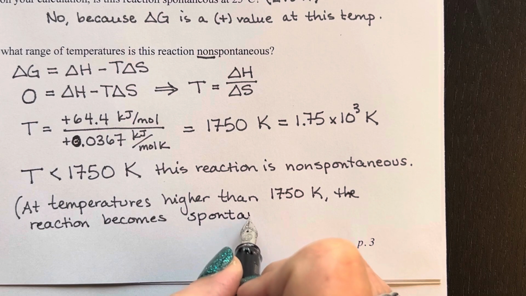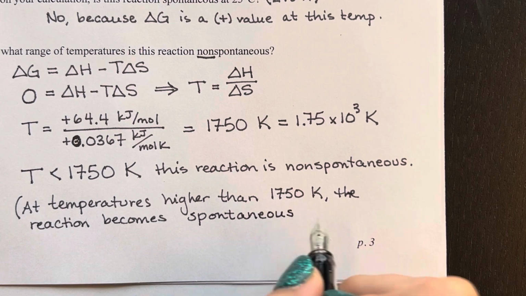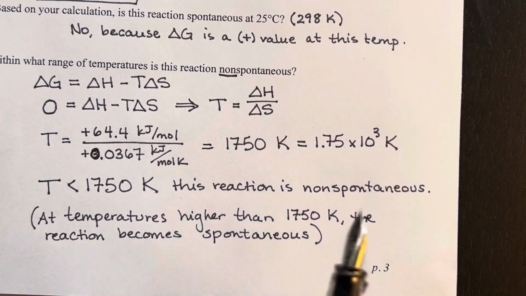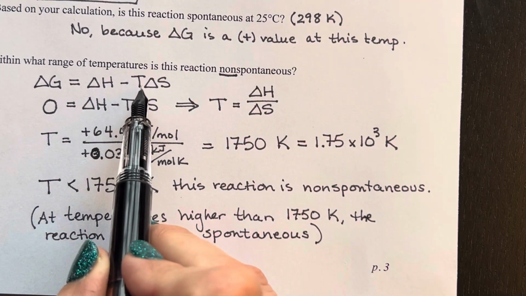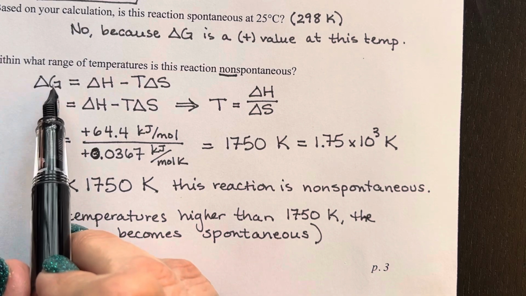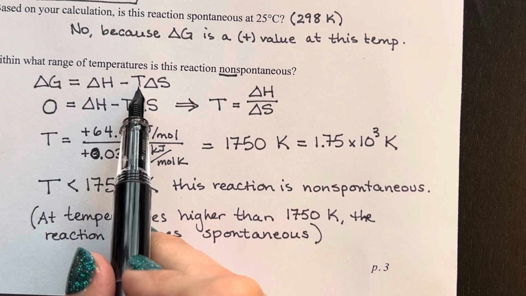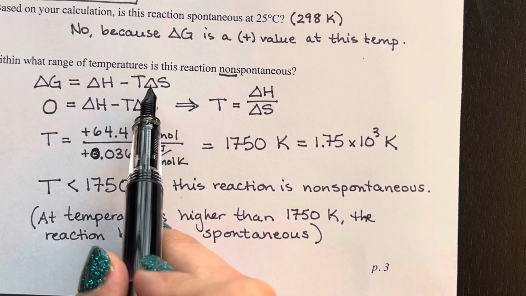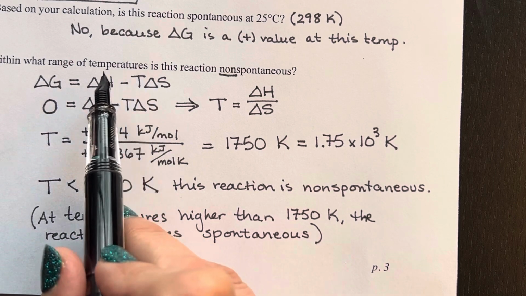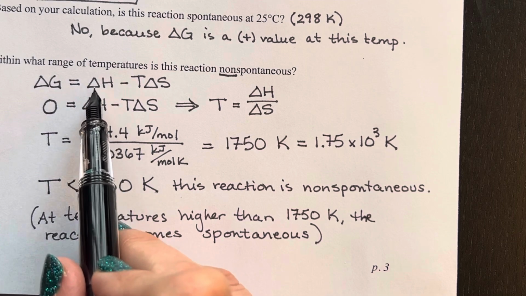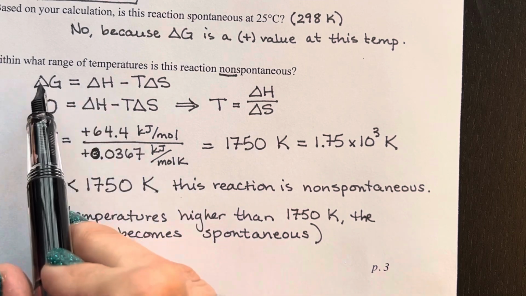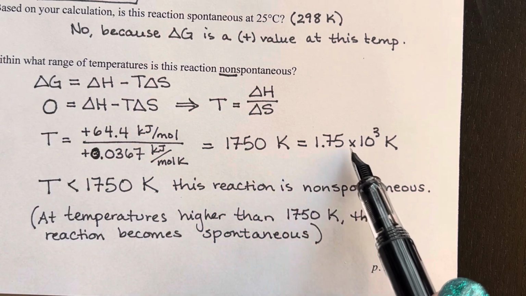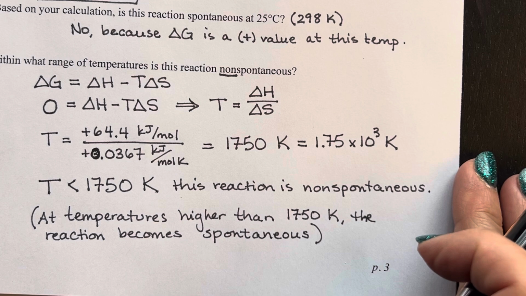Delta G is negative if you get the temperature high enough. Okay? Because of this influence of temperature on Gibbs energy, if you make this high enough, then now this T delta S value is positive enough that it overrides the fact that it is an endothermic reaction and it makes delta G negative. But you got to get pretty hot to make that happen in this case.